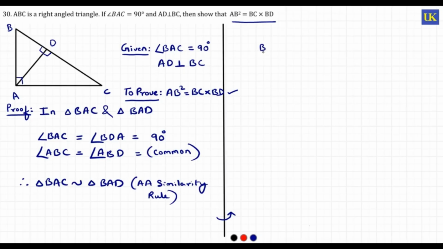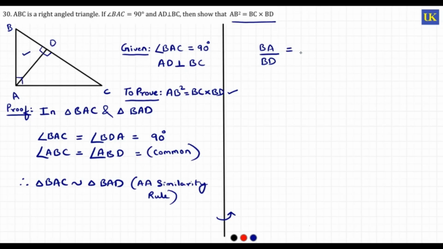So I can write BA upon BD. BA is one side of the bigger triangle, upon BD, which is one side of this small triangle. So the main triangle and this small triangle we will compare and match and write the sides.